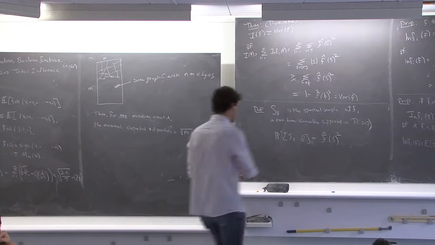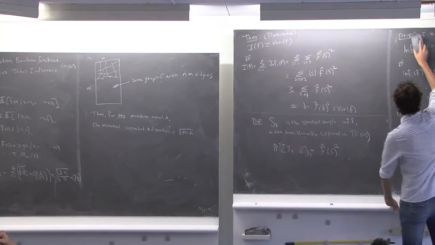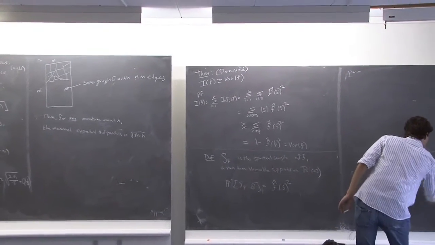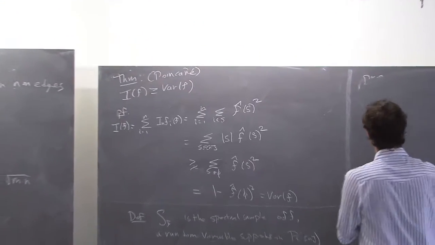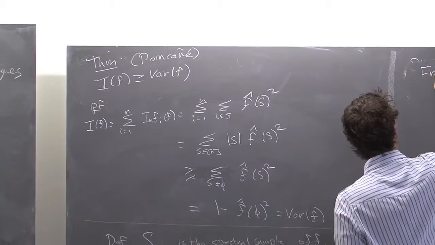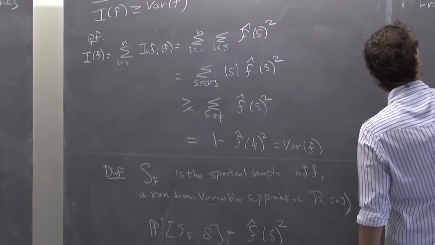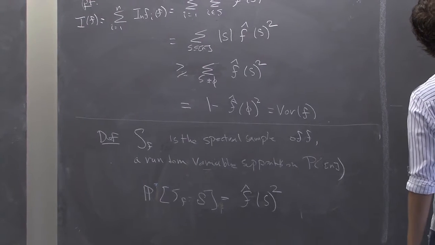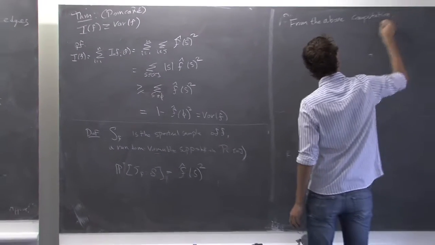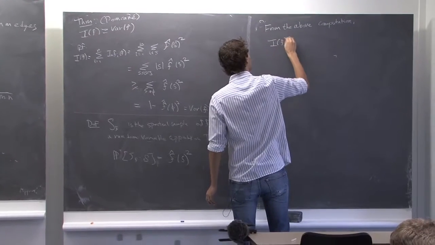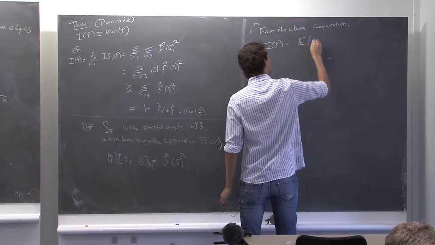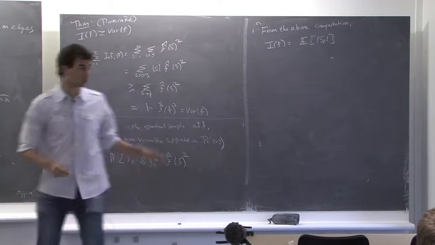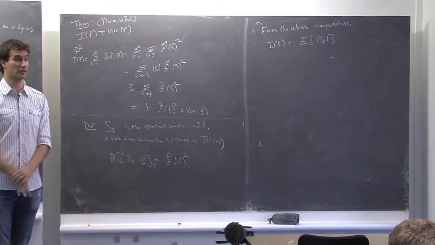So in this terminology, we see that the total influence is exactly the expected value of the size of the spectral sample.